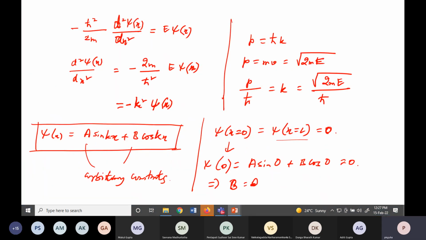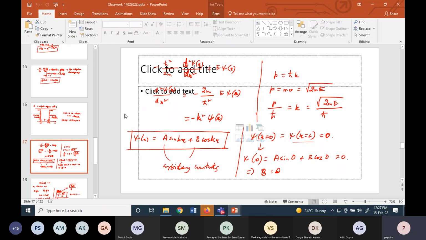So you see, in yesterday's class we discussed this infinite potential well, and this is the ultimate equation we solved: d2 psi/dx2 is equal to minus k square psi(x), and we get this solution, right? Similarly, I am trying a similar thing here today. That was like k square, you see.